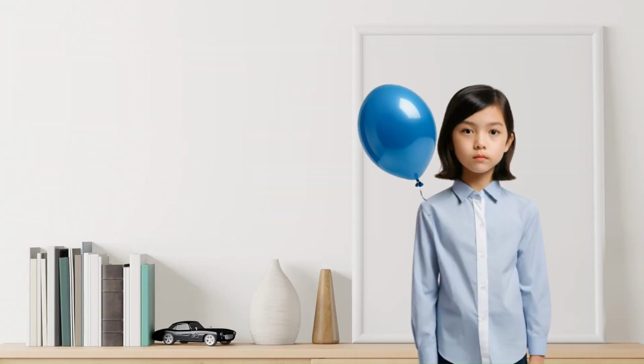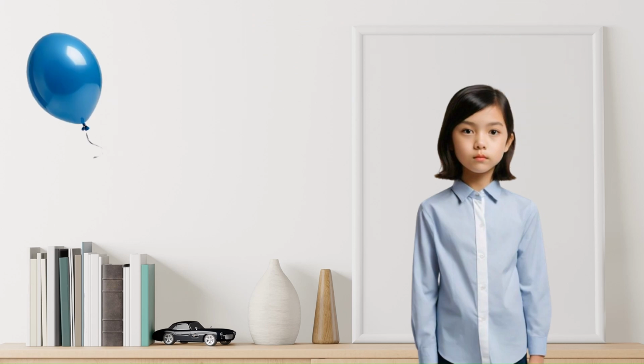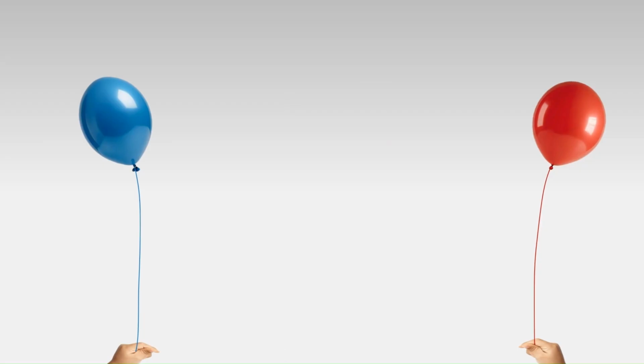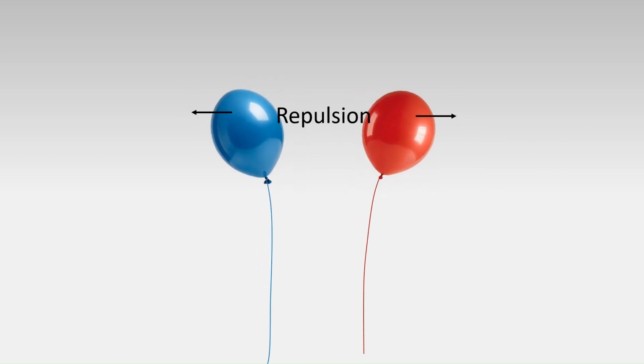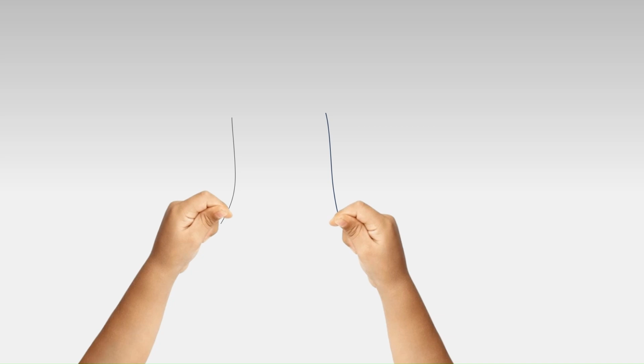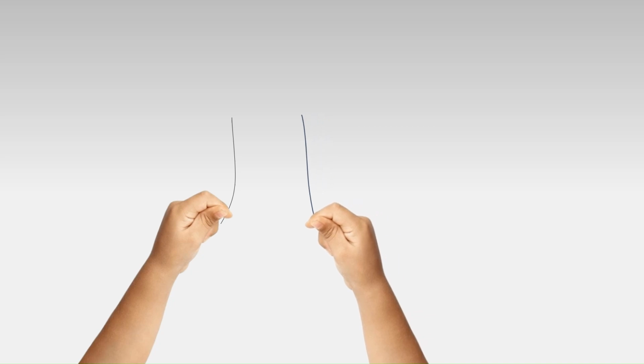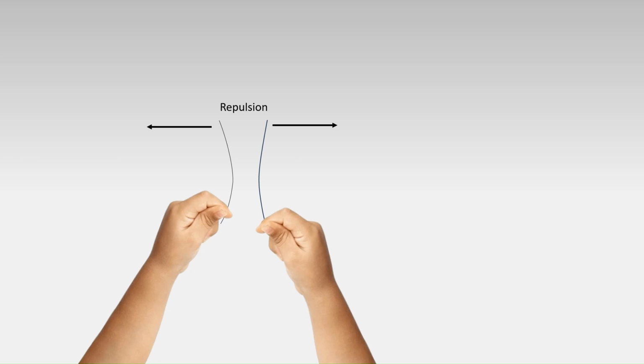Now, let us move to the next part of the experiment. If you take two balloons rubbed against hair and try to bring them close to each other, it repels. And the same thing happens to two strands of hair rubbed against balloon. When you bring it close, it repels. Time to analyze.